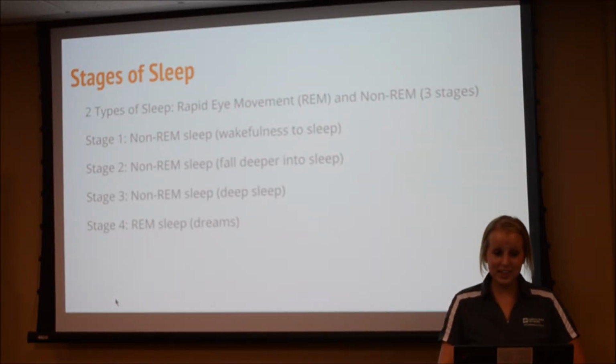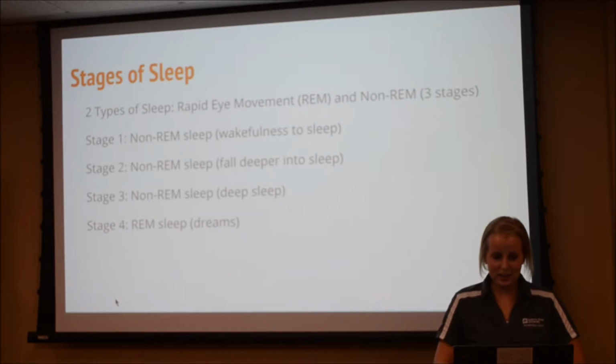Alrighty, so for the stages of sleep, there are two types of sleep: rapid eye movement, which is REM, and non-rapid eye movement, which is non-REM. Non-REM has 3 stages and REM has 1 stage.